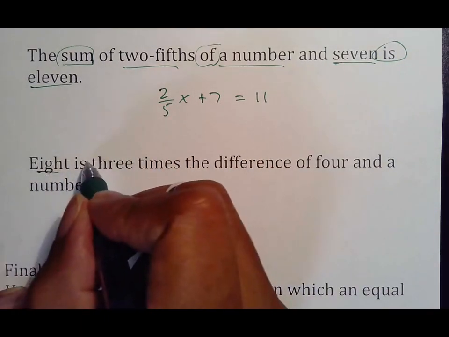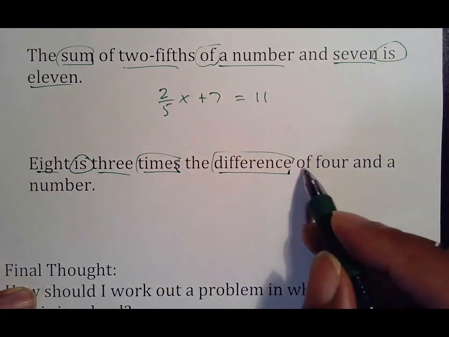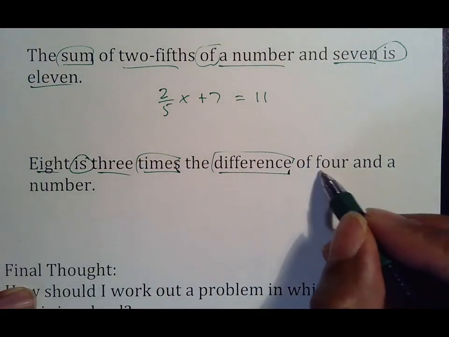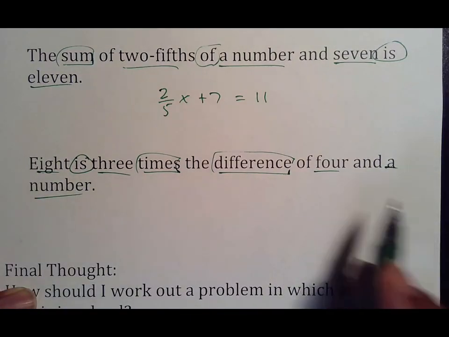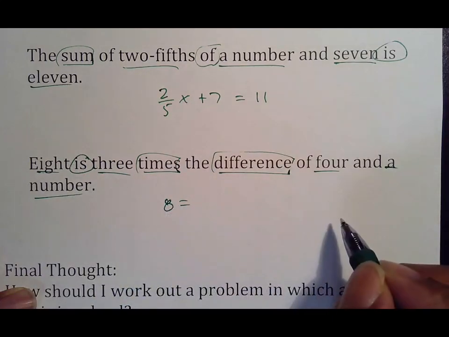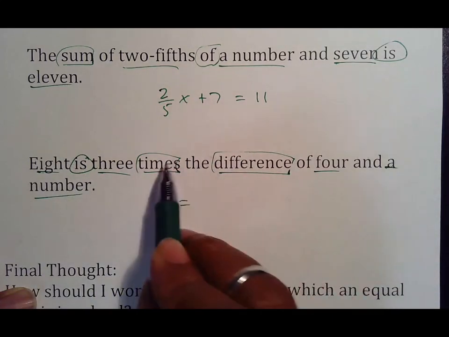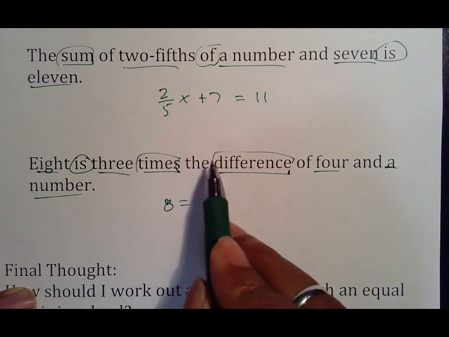8 is 3 times the difference of, again, "difference of," not a "of," 4 and a number. So starting this off, I have 8 followed by an equal sign. Times, because we have two different operation words here, times gets first option. 3 times the difference.